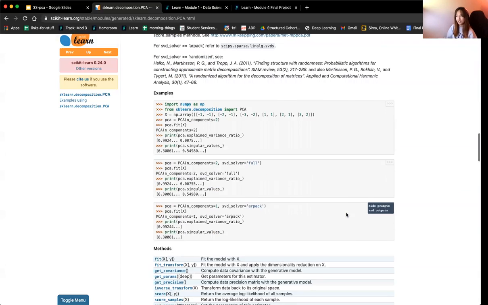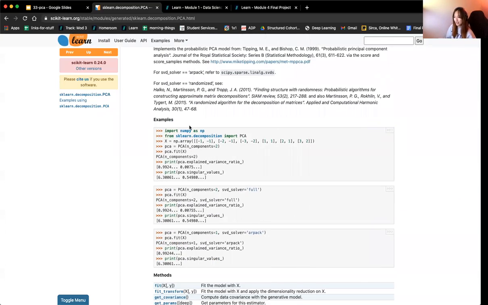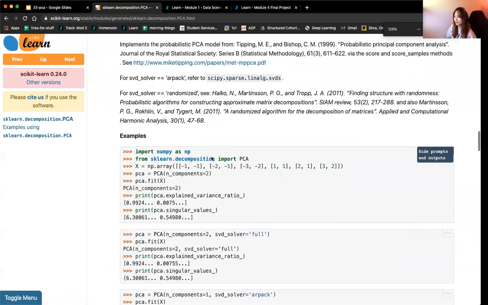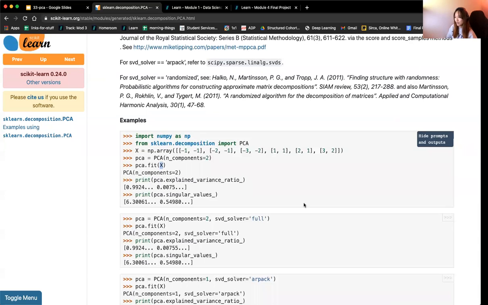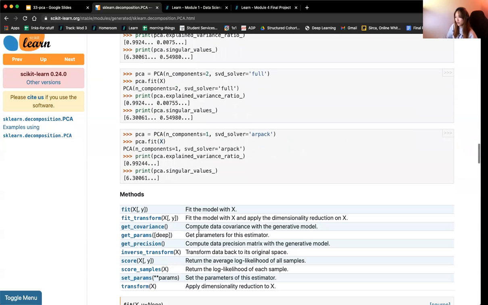Here is how you do PCA, and let me zoom in so y'all can see. It's very similar to all the other scikit-learn things we've done. You first instantiate it and tell it how many principal components you want. Then you fit it to whatever your X data is, and this X data is your already cleaned, completed data set. When you fit it, you can also do a transform.